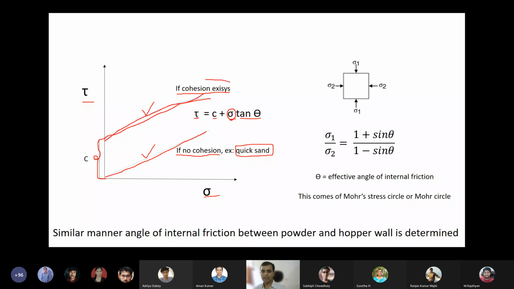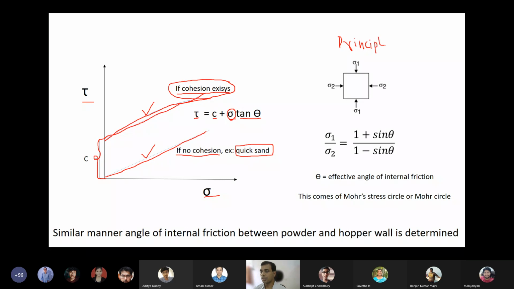Since most particles have cohesion, if the cohesion exists, then we have to find out, whenever there is cohesion, there will be two types of stresses, one maximum and one minimum. These are the principal stresses.